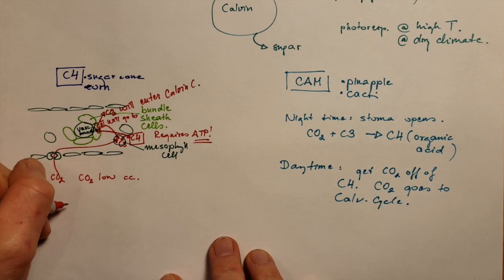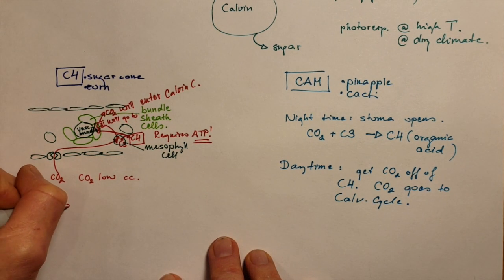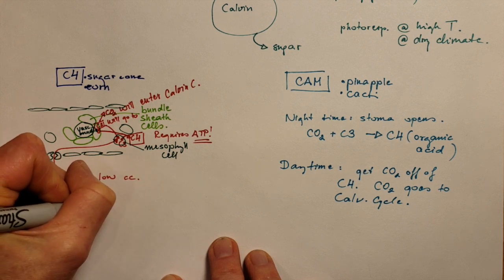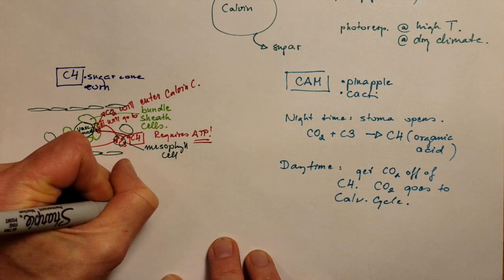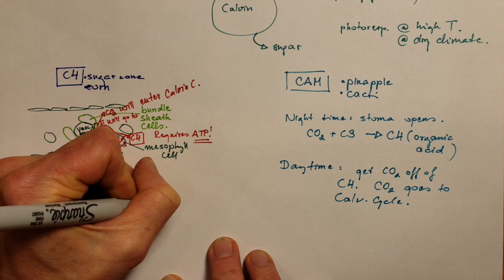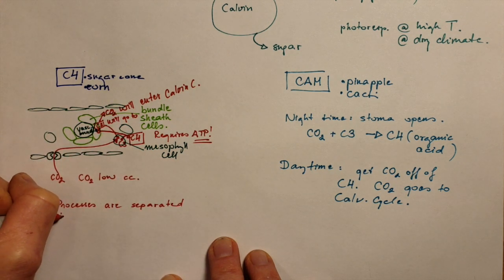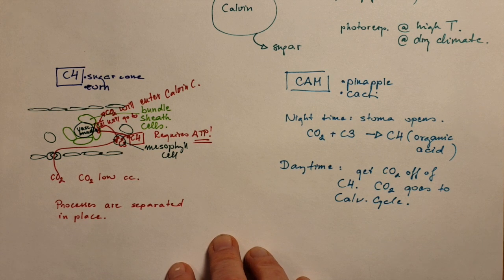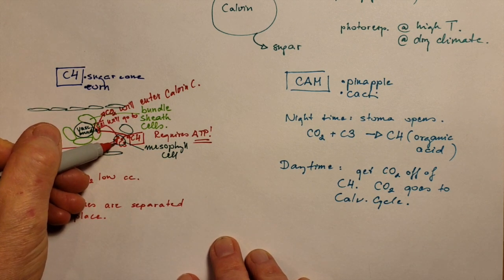On the other hand, the C4 plants, the fixing and the Calvin cycle, these processes are separated in place. One happens in the mesophyll, the Calvin cycle happens in the bundle sheath cells.